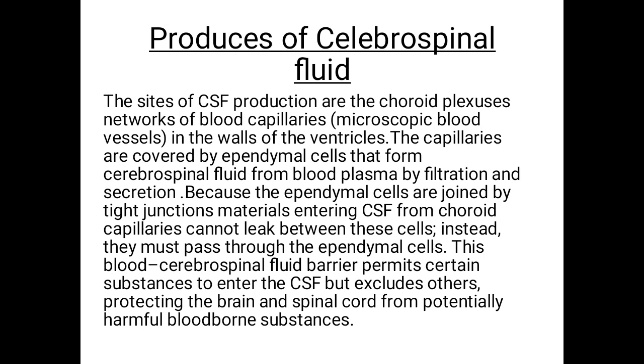Okay, so production of cerebral spinal fluid. The site of production for cerebral spinal fluid is the choroid plexus, a network of capillaries in the walls of the ventricles. The capillaries are covered with ependymal cells that form cerebral spinal fluid from the blood plasma by filtration and secretion.